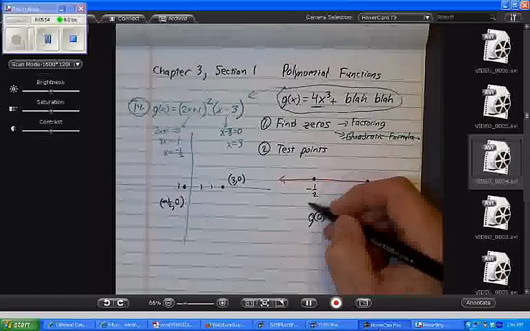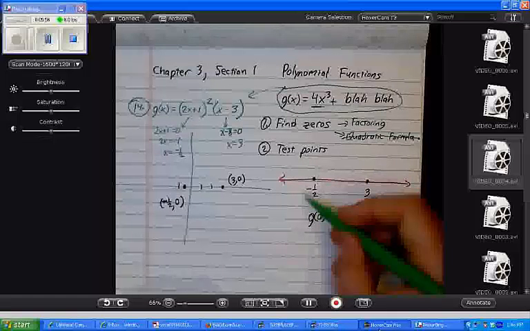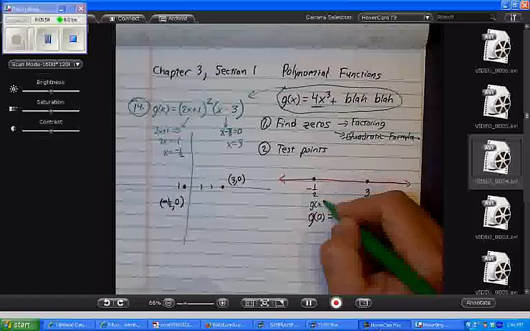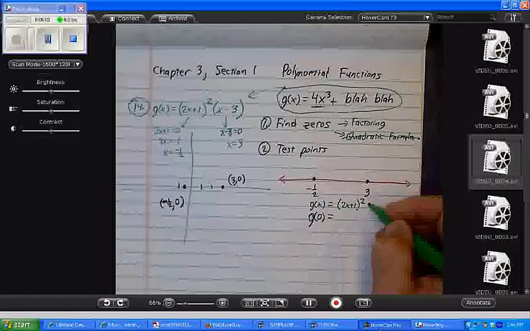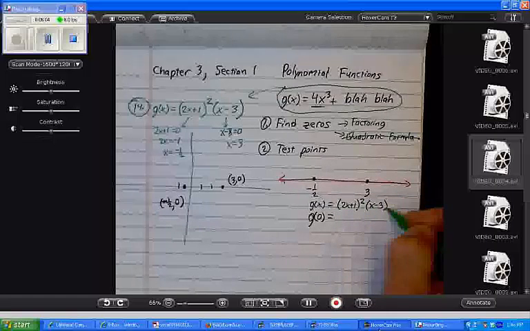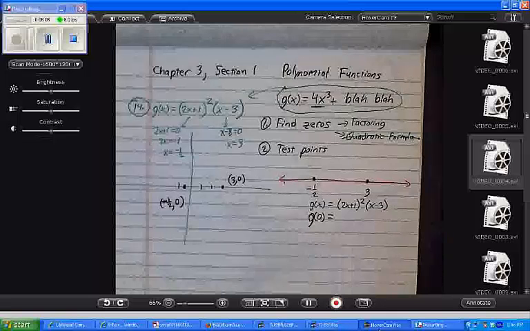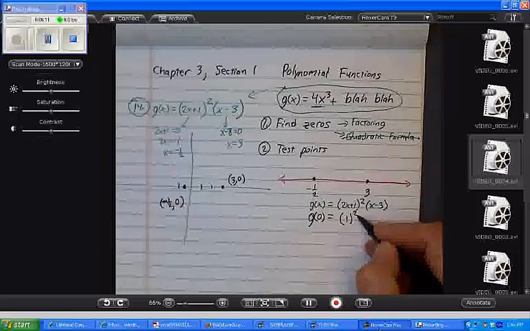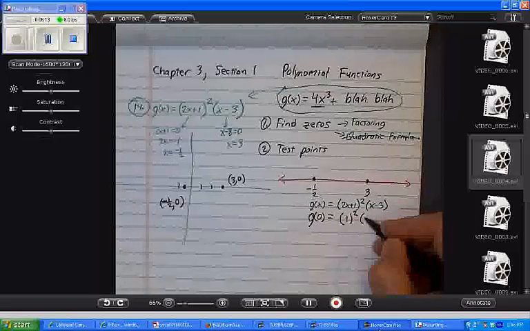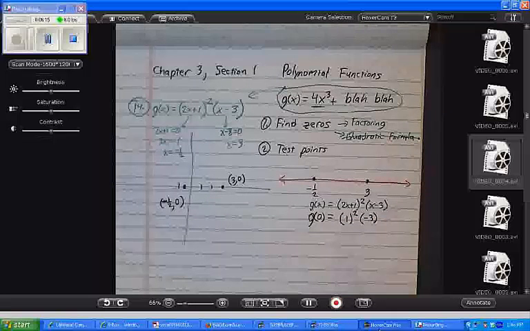Remember, g of x, as written over there, is (2x plus 1) squared times (x minus 3). If I plug in 0, I get 1 squared times negative 3. Are you with me? But actually, that's more work than I should have done.